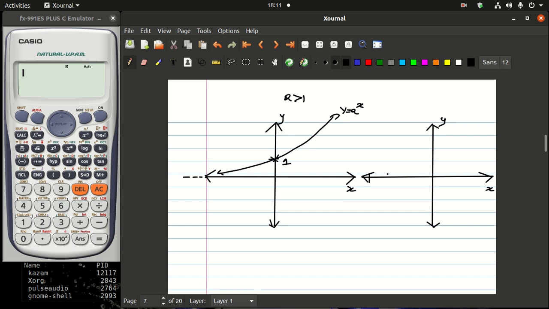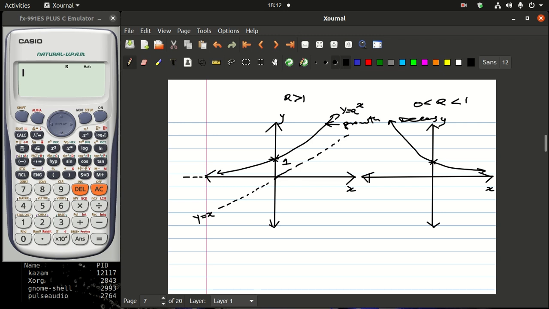And now when you look into this side here, we have a is less than 1 but is greater than 0, because if it's less than 0, it's not an exponential function. Of course, it's going to have to pass through that point, and it doesn't touch the x-axis. So that one keeps decreasing like this, right? You can see that this one is a decay, and this one here is growth, right? When you look into these two curves, if I am looking for an inverse, I have to draw a line here, which is y is equal to x, and act as a mirror.